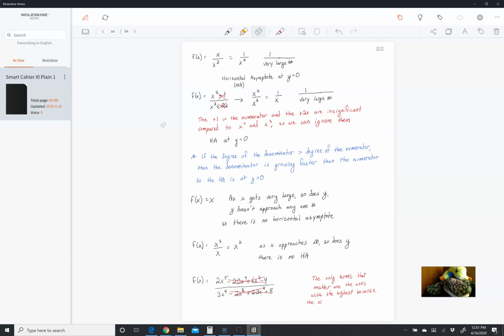Others are so much smaller that we say they're insignificant.